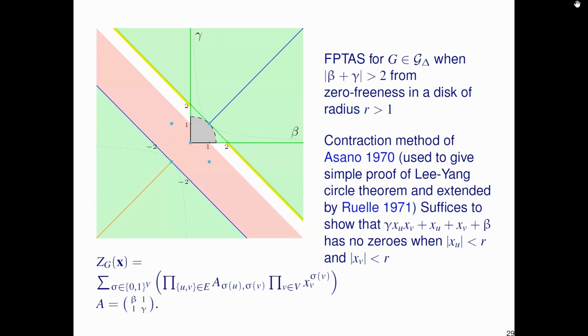We'll prove that this super simple polynomial has no zeros, which is nice because it only has 2 variables. Then the idea of contraction is that you contract the variables for one edge into the next and pay attention to what happens to the zeros. You prove there are no zeros for this edge and that edge, and then you contract the vertex. Working this way, you find there are no zeros of the generic partition function.